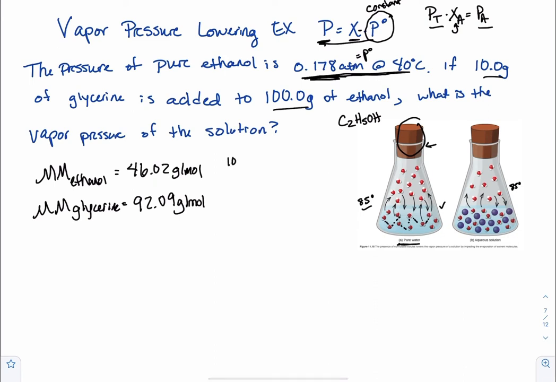So I'm going to say 100 grams of ethanol times 1 mole per 46.02 grams. Do you know what? That is actually 100 grams, the ethanol. And then the other one is 10.0 grams times 1 mole per 92.09 grams.